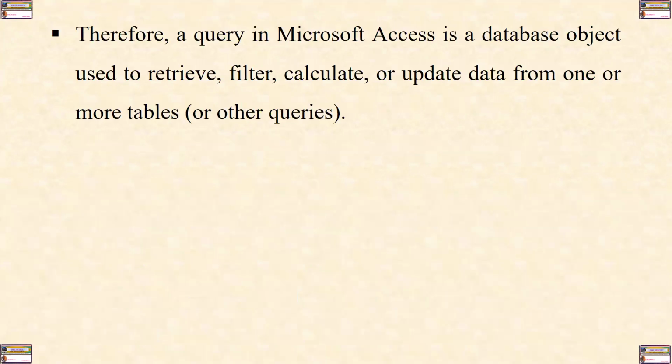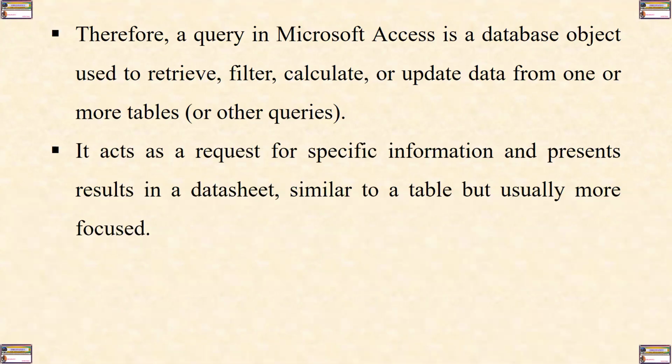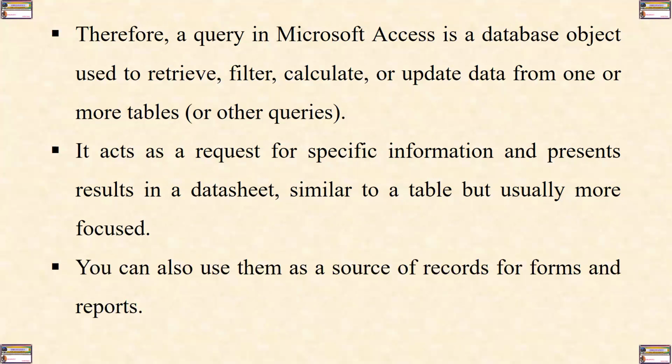A query in Microsoft Access is a database object used to retrieve, filter, calculate, or update data from one or more tables or from other queries. It acts as a request for specific information and presents results in a datasheet, similar to a table, but usually more focused. You can also use them as a source of records for forms and reports.